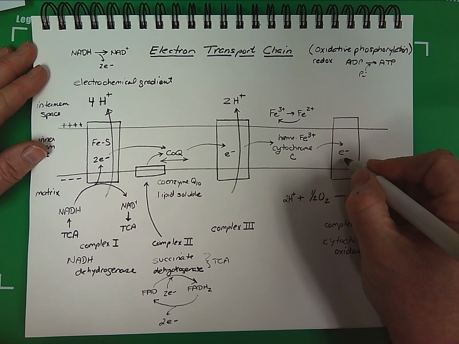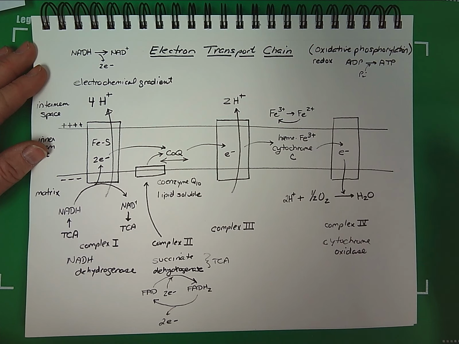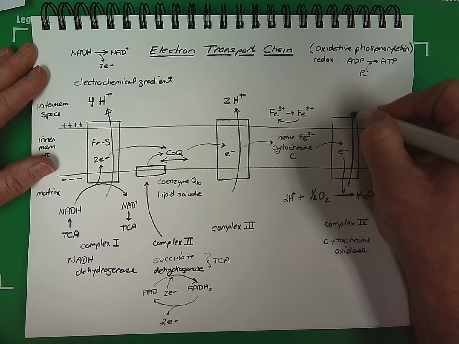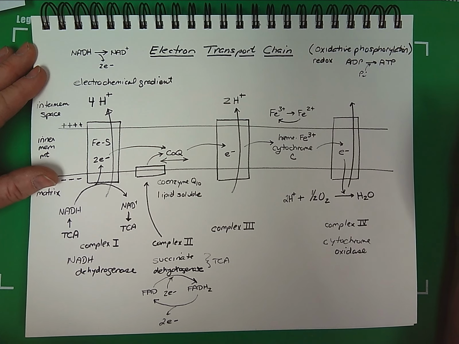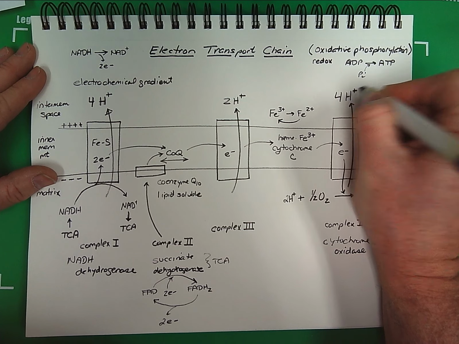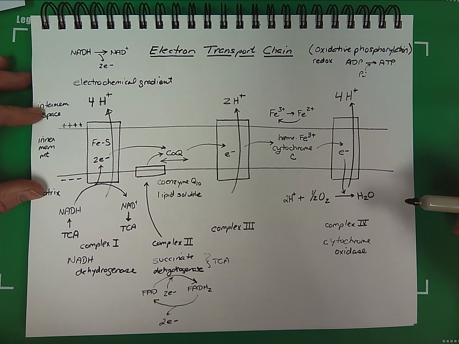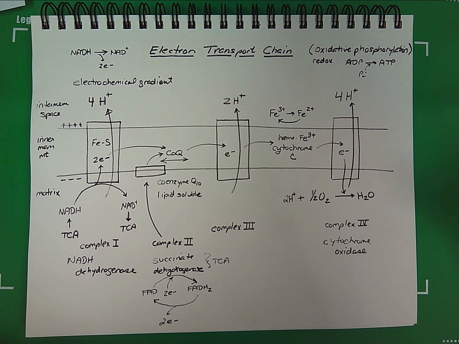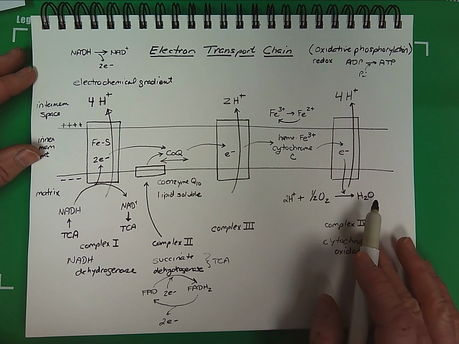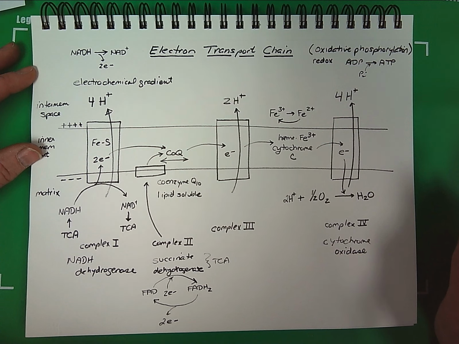This is a transfer of electrons, of course, and so again we're going down an energy gradient. Complex 4 will use this once again to pump more protons, to expand the proton gradient from the matrix to the intermembrane space. Now, once the electrons are associated with oxygen to form water, the electron transport chain is complete.